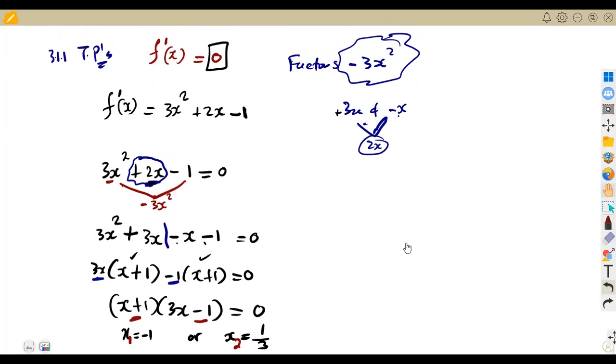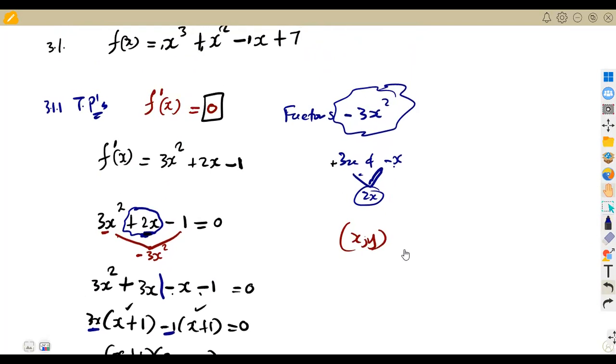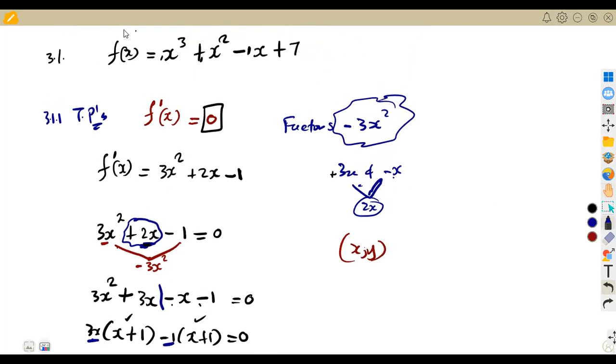Remember, it's a point whereby you're supposed to have this in terms of x and y. So with the values of x that we have at the turning points, we are supposed to substitute these values back into the original function, which is our f of x. So we substitute back into the original function.